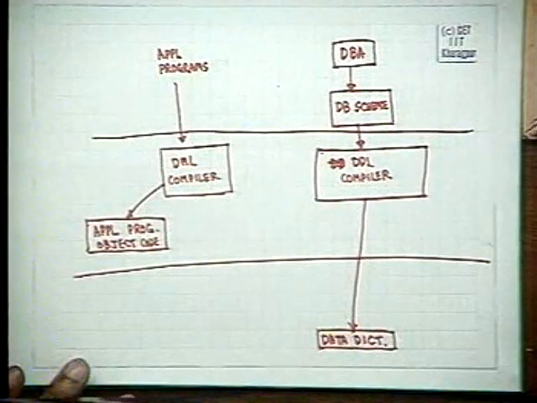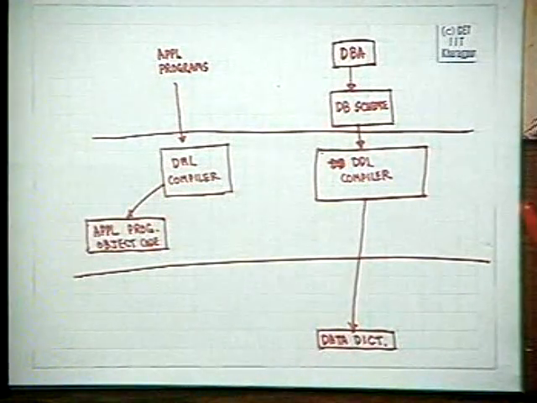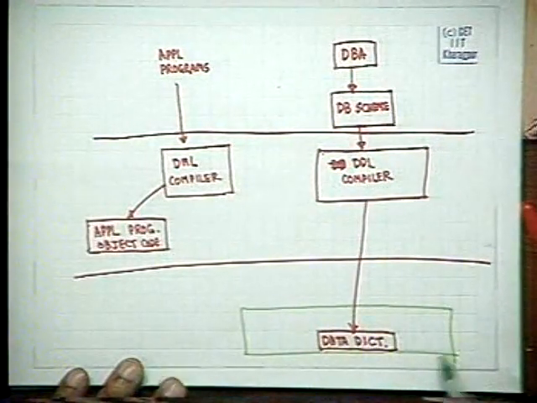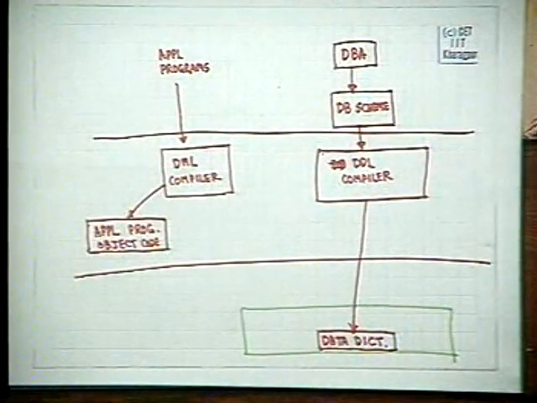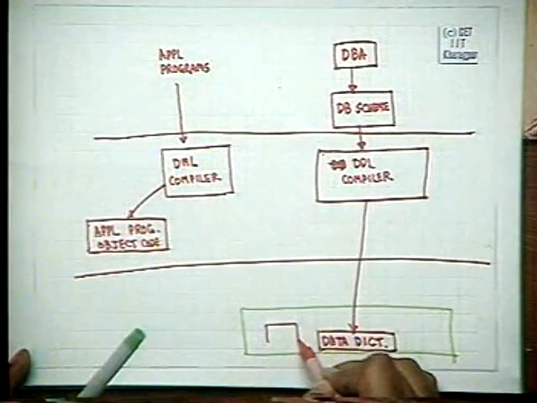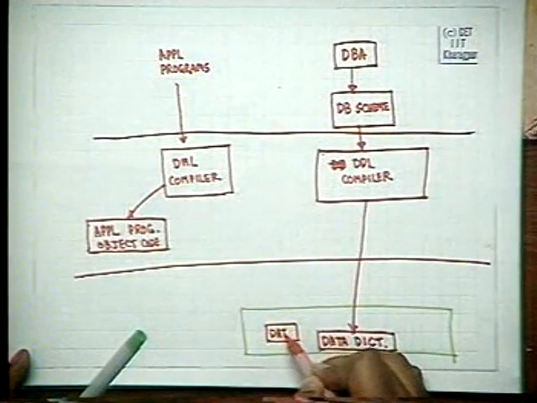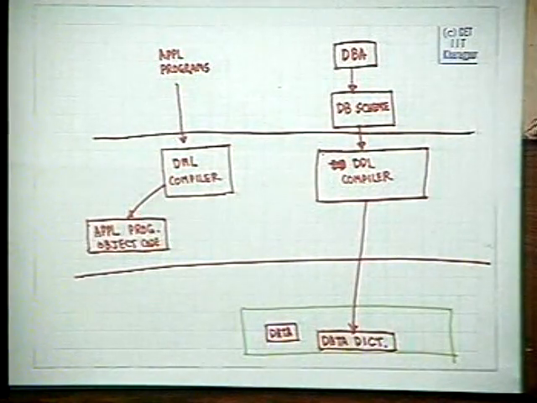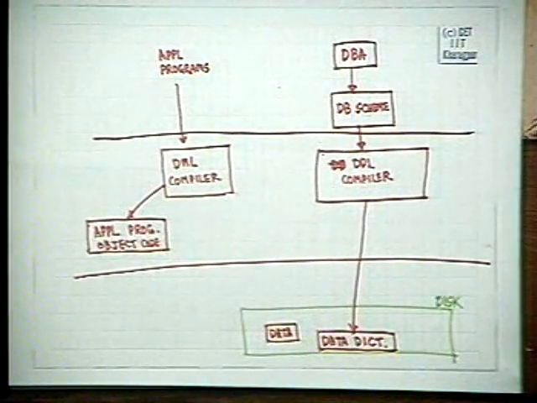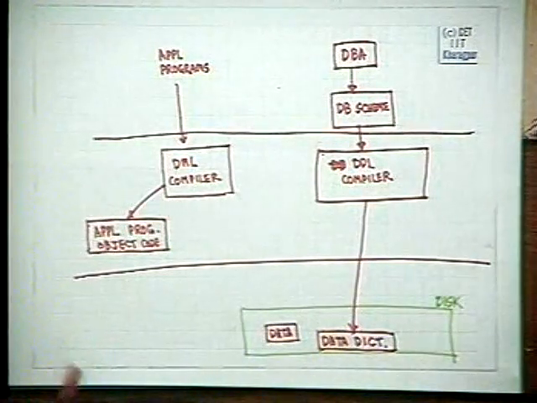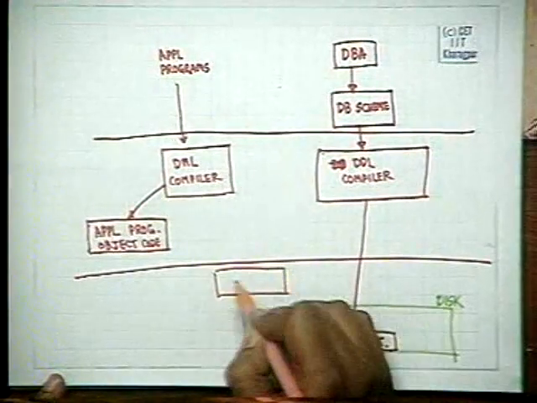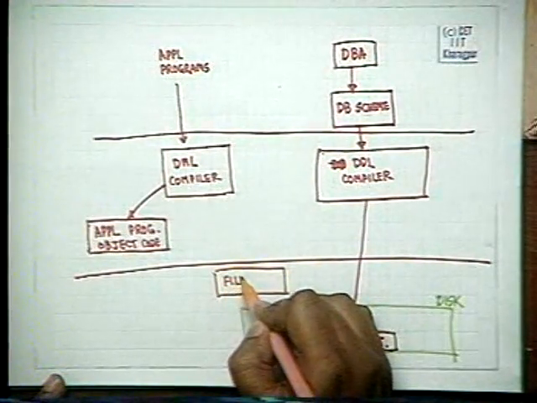So consider this to be your disk, and through time, through these application programs, you have already got some data files on the disk. The operating system usually will provide you with what is called a file manager.